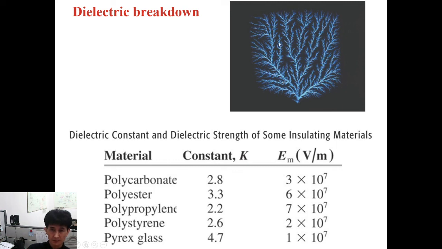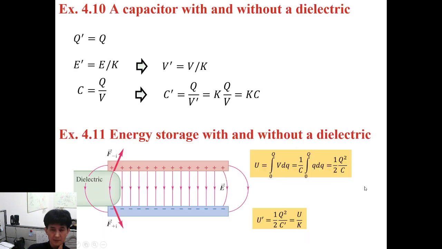For any given material, air for example, before its breakdown or before it starts lightning, we have a certain maximum amount of electric field for a given medium and given relative dielectric constant K. So there is a maximum voltage we can apply, and there is a maximum storage we can use before its breakdown.